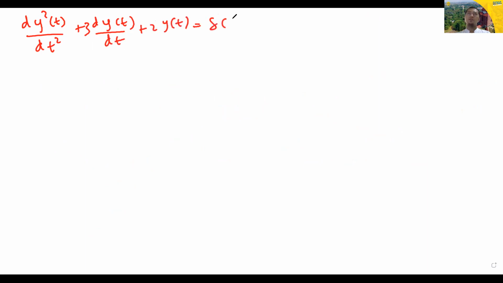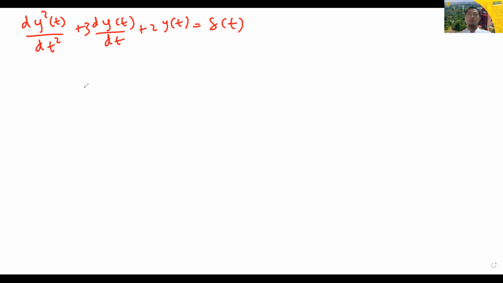Okay, the last part is number 3. This is 3 dy(t)/dt plus 2y(t) equal to this δ(t).